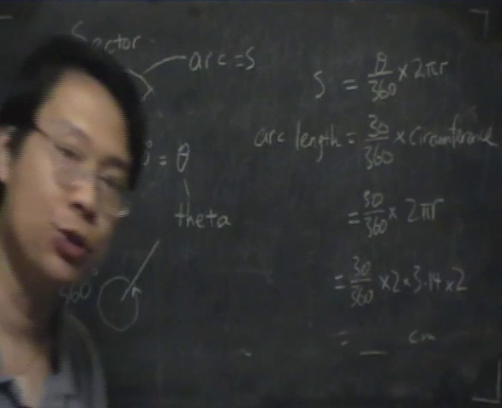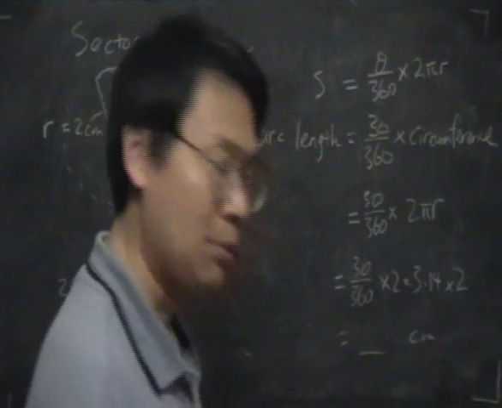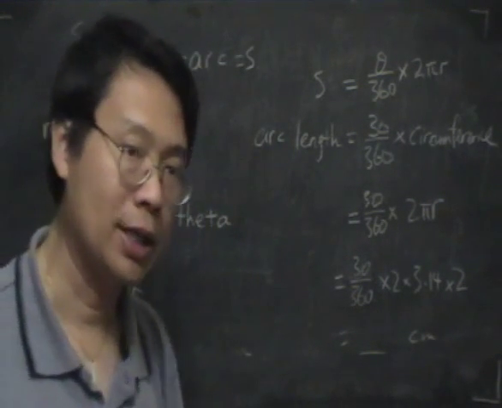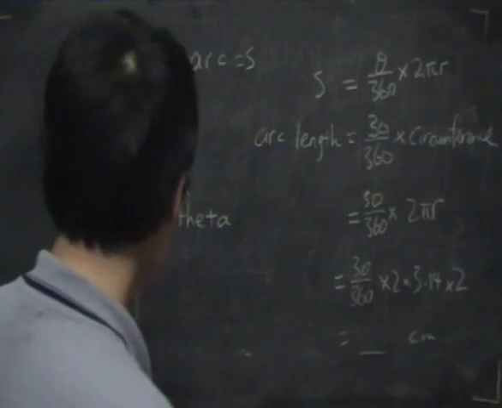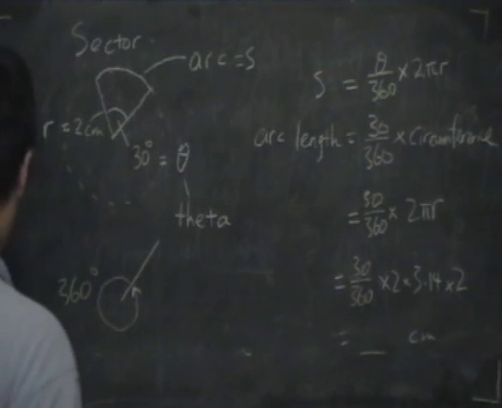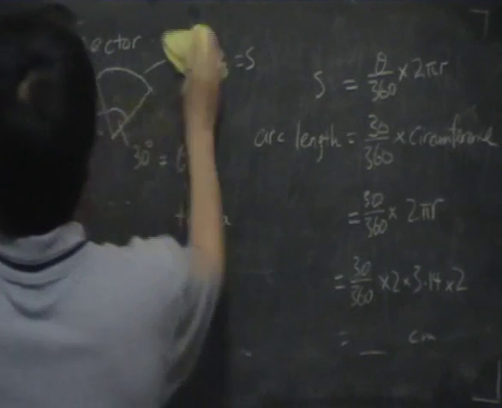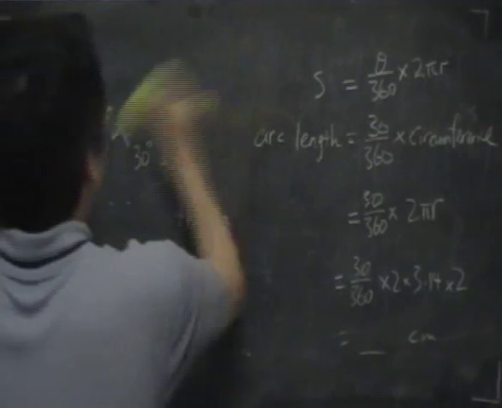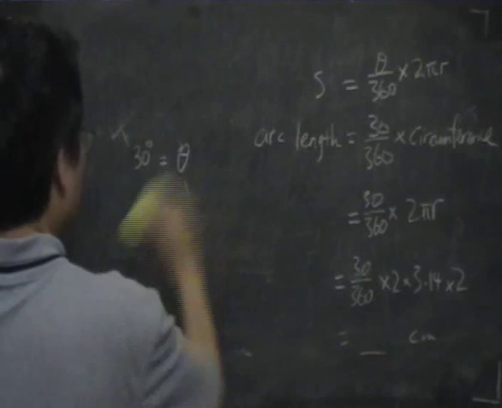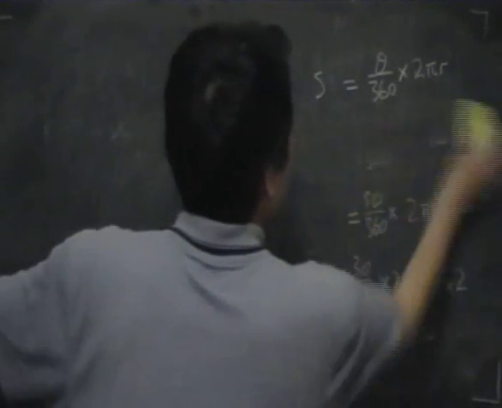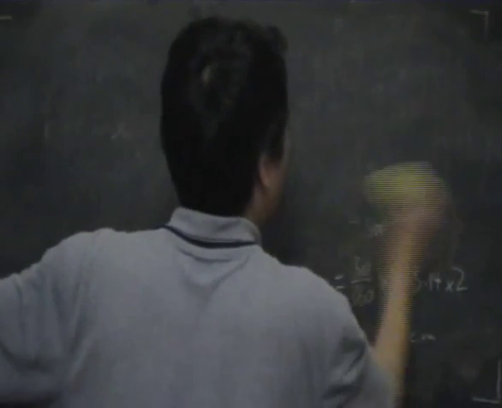Now before I finish off, let me say something about the triangle again. There's something slightly tricky about the area of a triangle.